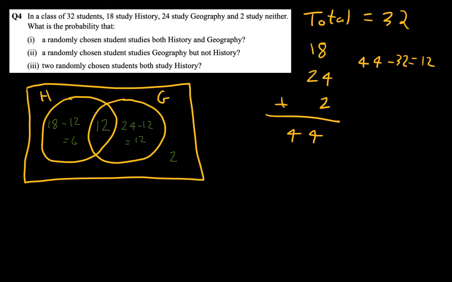Okay, so let's have a go at some questions. Let's do 4 questions this time: 1, 2, 3, and 4. And let's rub this out so we get some workspace.